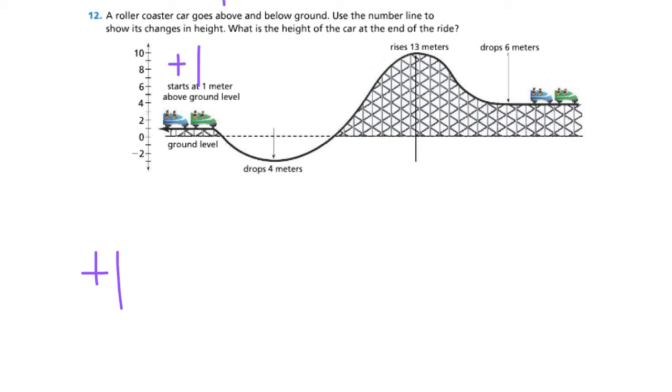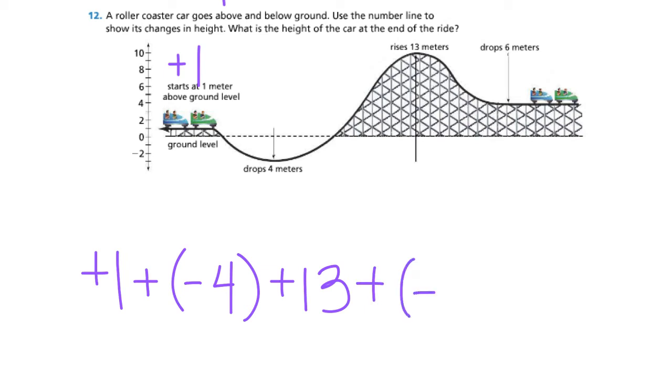It drops 4 meters. Well, a drop of 4 is telling us now we have a change of -4. Then we are going to rise 13 meters, and then we are going to drop 6 meters. Notice how when we had a drop, it was negative, a rise is positive.